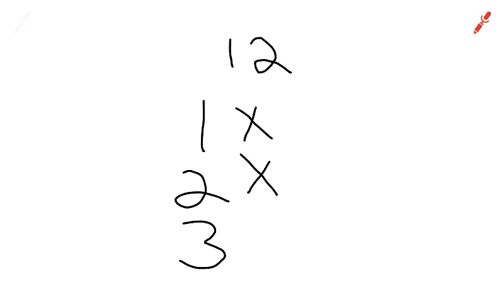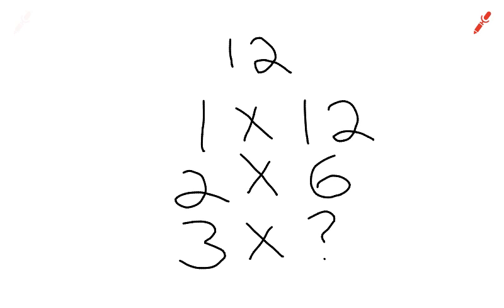The next one, 12. Here we see there's even more numbers that go into it, as they show us with the 1 times something, 2 times something, and 3 times something. We have to figure out those somethings. 1 times what is 12? 1 times 12 is 12. And then 2 times what is 12? 2 times 6 is 12.